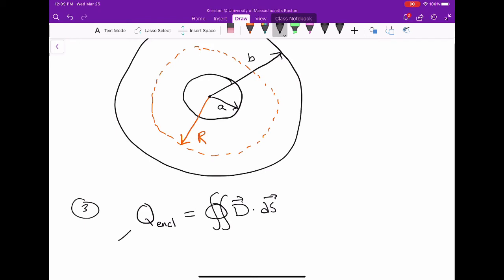We're going to do one on the left-hand side, a volume integral to find the total charge. And on the right-hand side, we're going to do this flux integral. The flux integral is really simple, so let's do that one first.